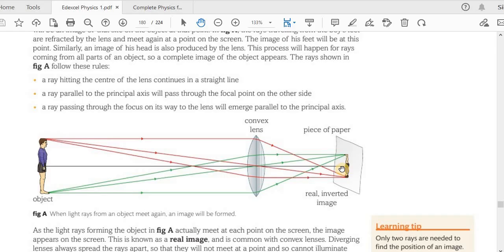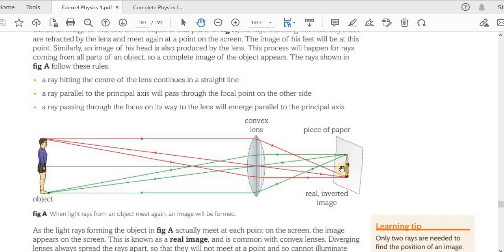For example, if you go to the movie theater, if you go to the cinema, you have a projector which is fixed behind the seats at the top. This projector will project the image onto the screen. That image is a real image. So the image that we project onto a screen, for example, using a projector, is a real image.